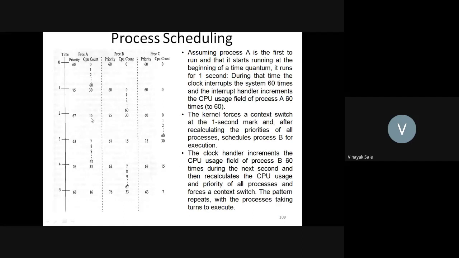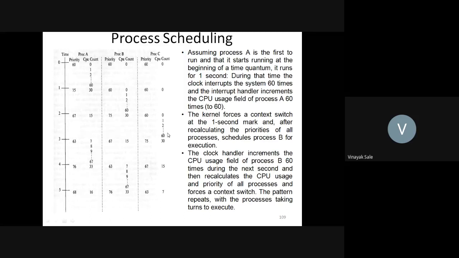Then here 15. After execution of process C, we calculate 15 plus 60, and it becomes 75. So from 0 to 1, its priority is 75.